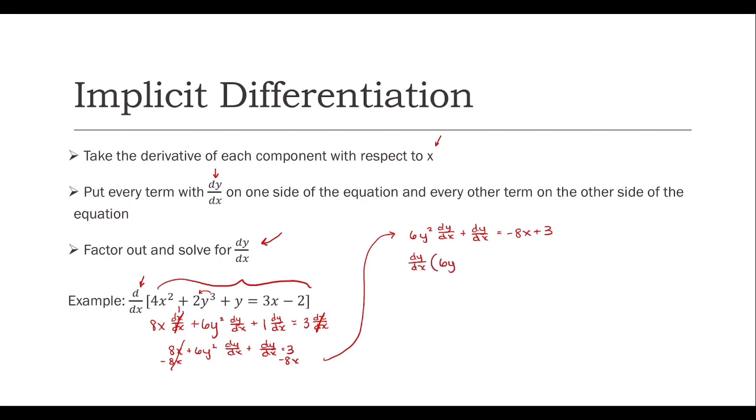So we'll have 6y squared plus 1 equals negative 8x plus 3. And then we divide by 6y squared plus 1. And we get that dy dx equals negative 8x plus 3 over 6y squared plus 1. So that's how you would solve for dy dx using implicit differentiation.